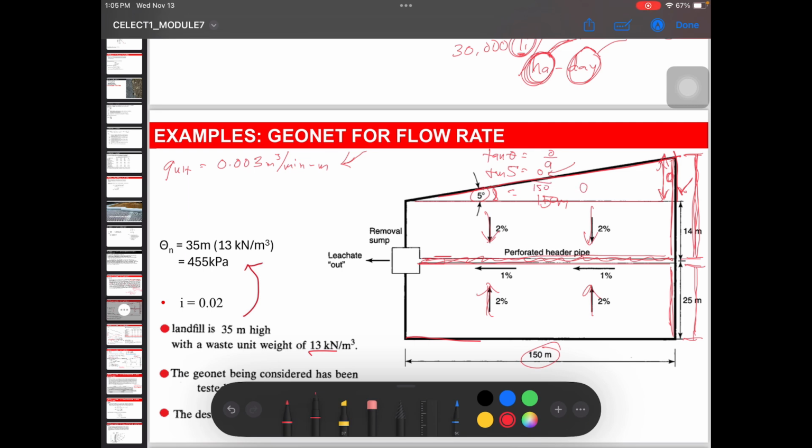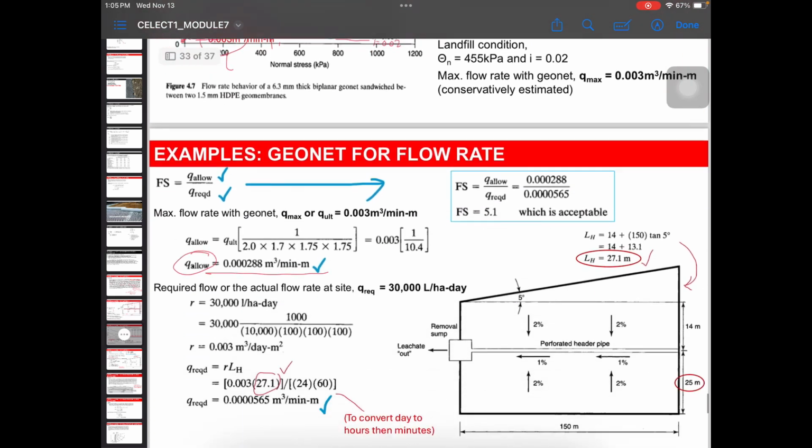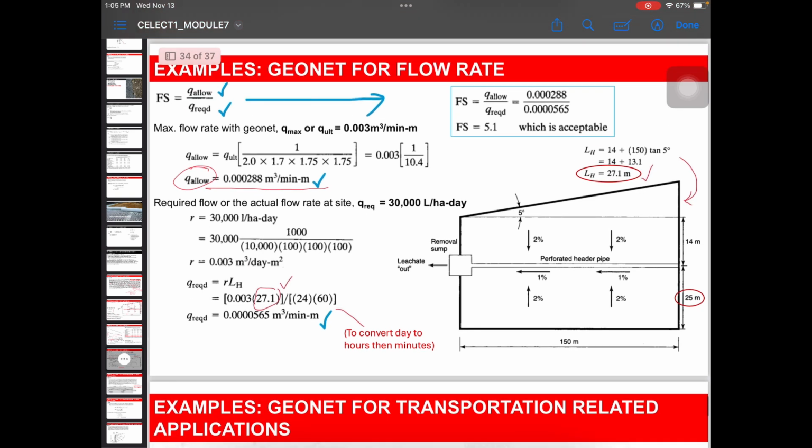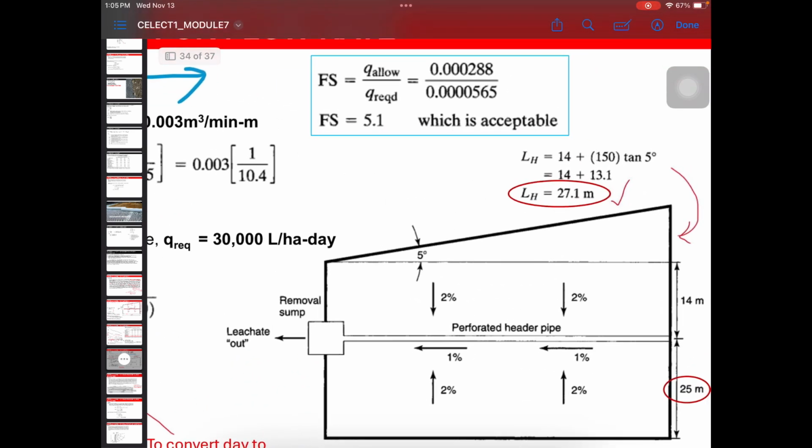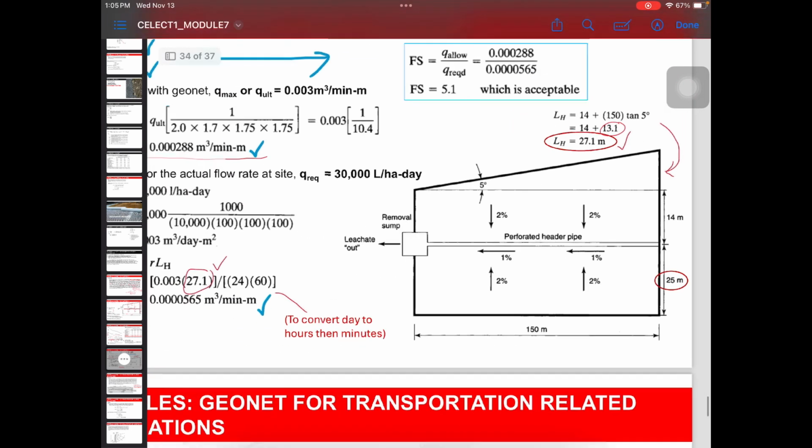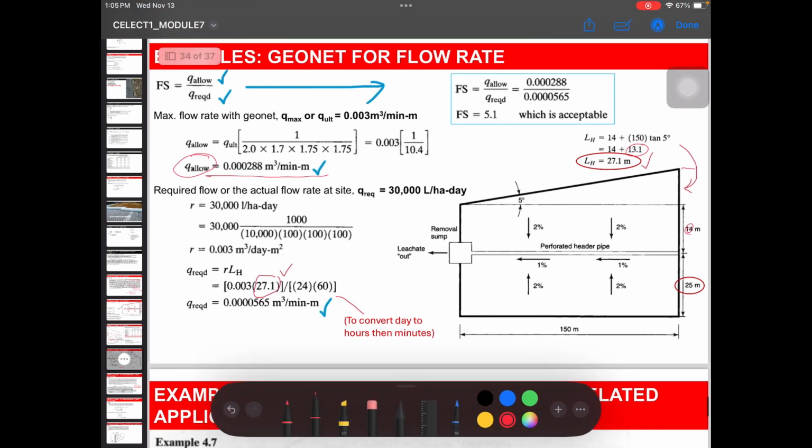So, makukuha natin si O, kinompute ko siya dito. So, 150 tangent 5 is 13.1. So, pag i-add mo yan dun sa given na 14 meters, it is equal to 27.1. 27.1 is greater than 25. So, ito ang width na mas critical. So, we will use this side, yung 27.1 sa equation.